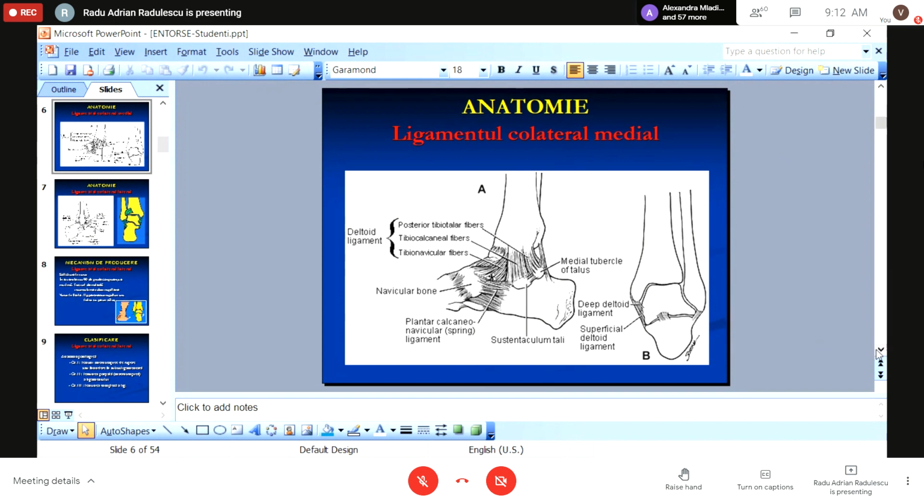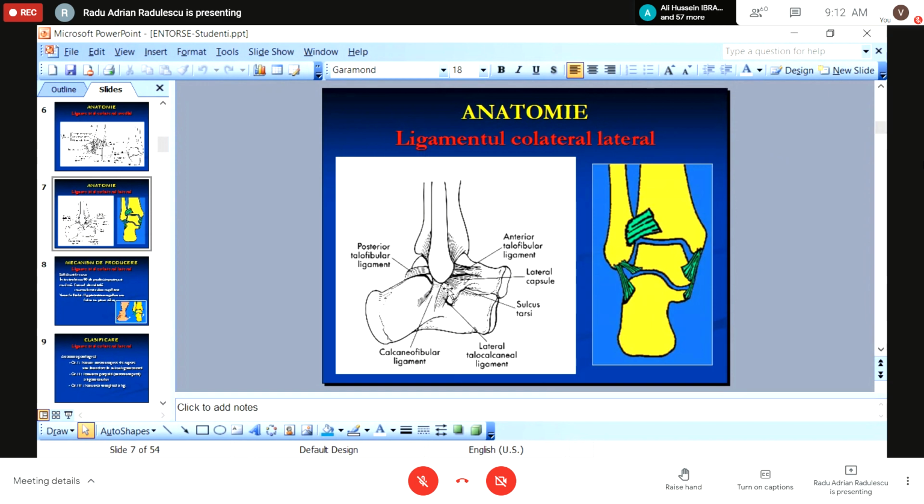And on the lateral aspect, we have the lateral collateral ligament, which is composed of three main fascicles.